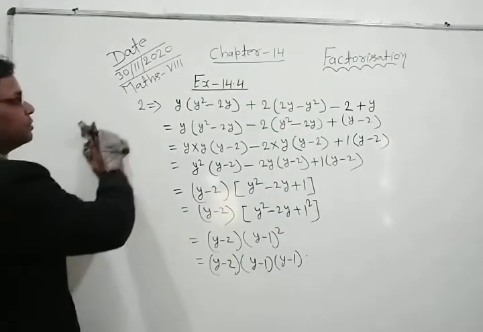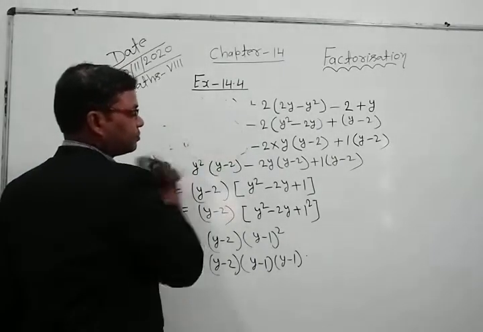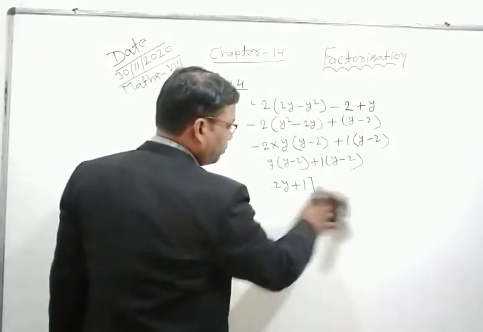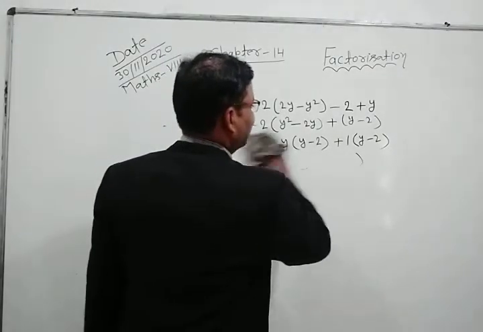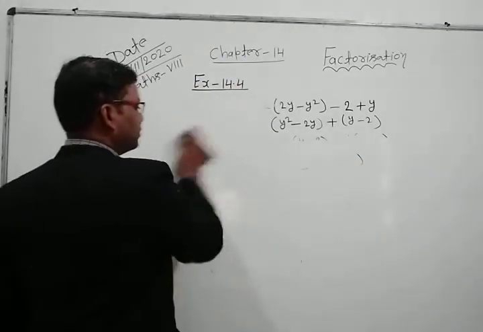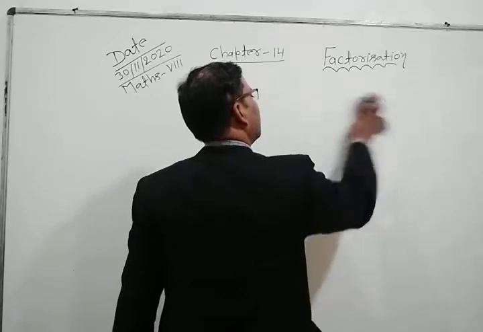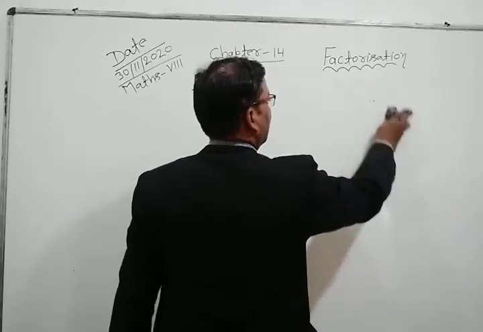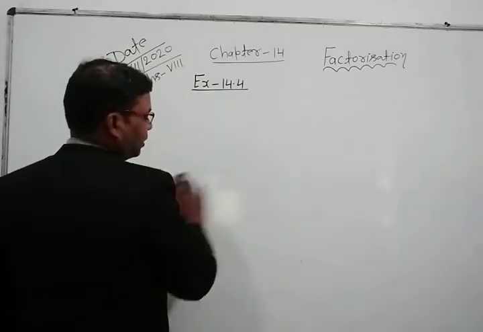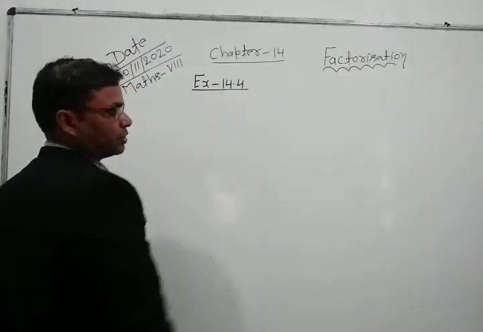Question number 3 also has an under root part and we need to find its factors. In question number 2, we only arranged the terms. After arranging, these questions become very simple and we are able to find the factors.